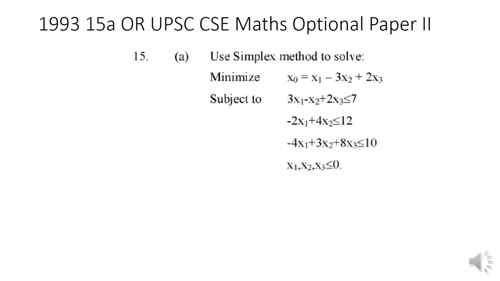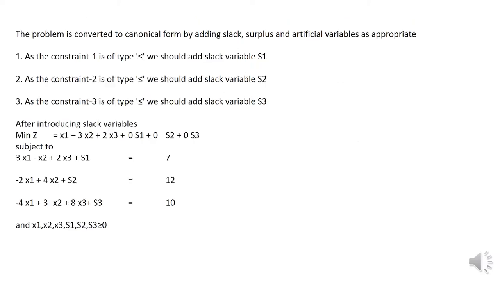All the constraints are less than or equal to, so we can implement the simplex method. First we will add the slack variables. So this is the constraint with S1, in the second S2, and in the third S3.